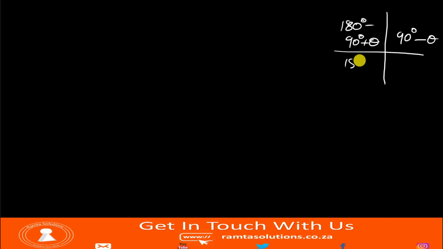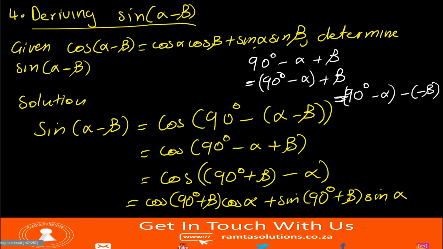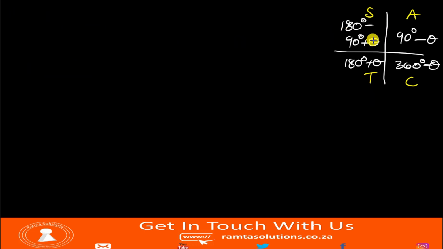And this one was 180 degrees plus, this one was 360 degrees minus. Obviously, we said all students take coffee. All students take coffee, right? Perfect. Now, cosine in the 90 plus is negative.